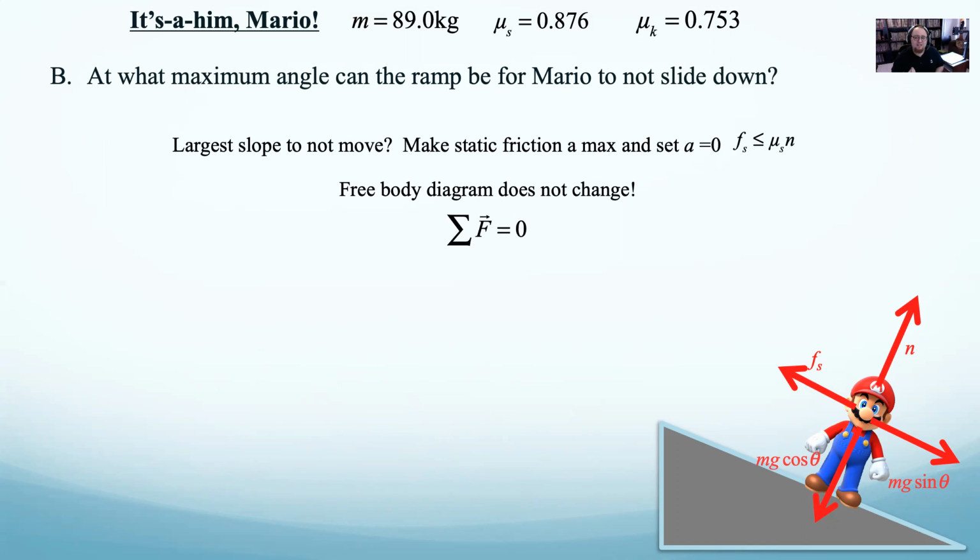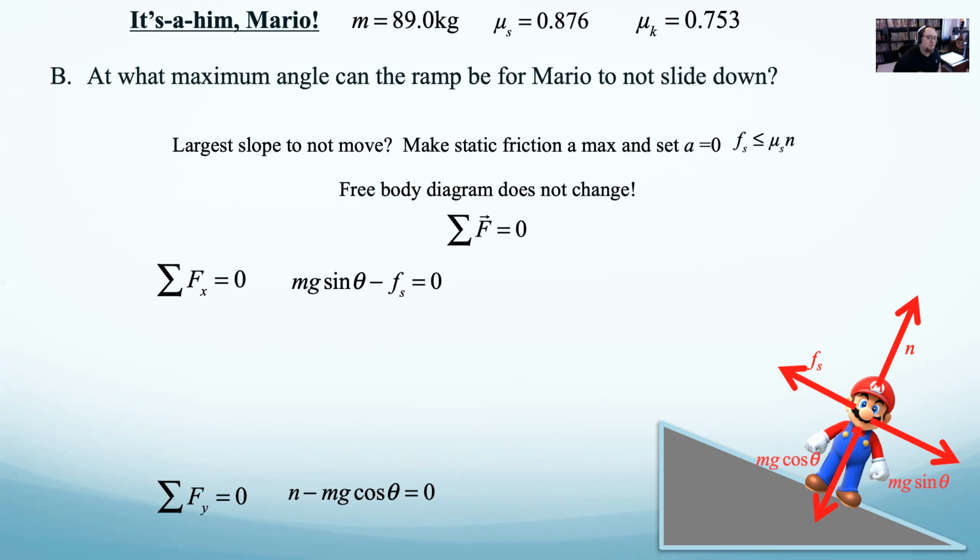Since f sub s is less than or equal to mu sub s N, it's going to be a maximum when f sub s is mu sub s N. And we'll just say his acceleration is 0. So I get equations X and Y, but once again, the free body diagram didn't change, the X equation didn't change, and the Y equation didn't change.